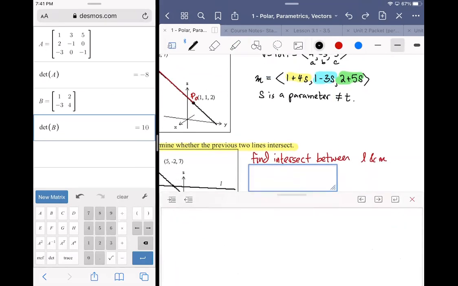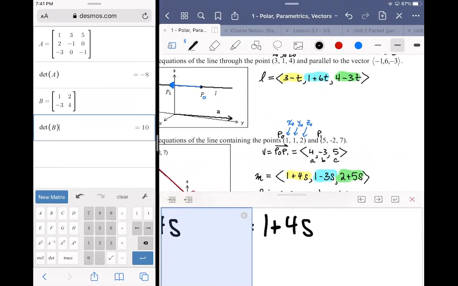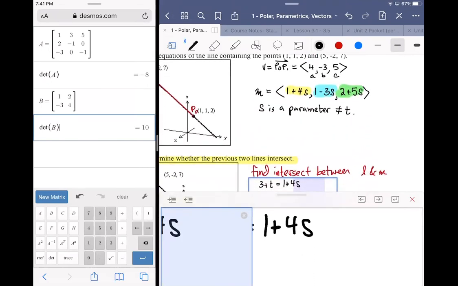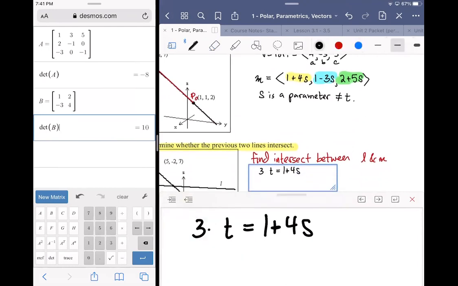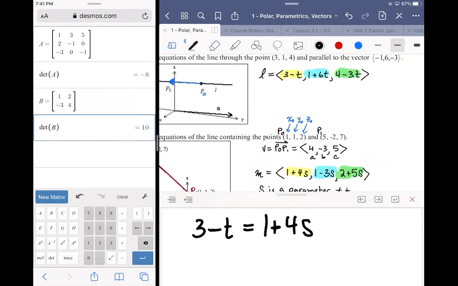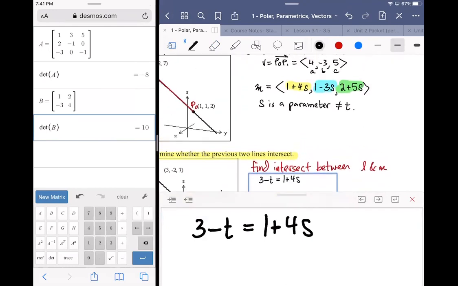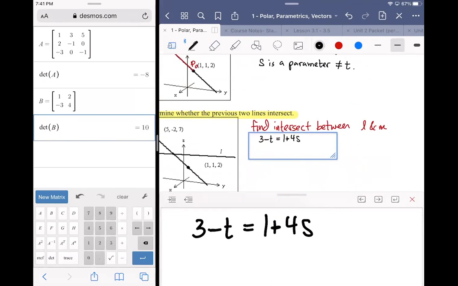I'm going to use my writing tool here. Three minus t, actually. Then we have 1 plus 6t, 1 plus 6t, and 4 minus 3t.